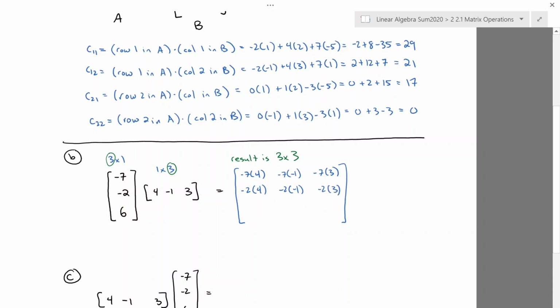And then third row: 6 times 4, 6 times -1, 6 times 3. Calculating this, we get -28, 7, -21, -8, 2, -6, 24, -6, and 18.